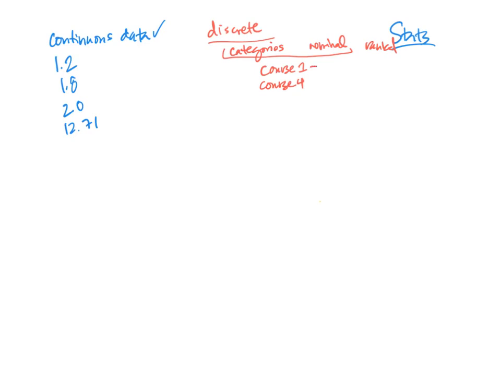Even if you're just including 1 and 4, course 4 isn't 4 times better than course 1. This is just the title of it. We could call it course Larry and course Steve. Another example of discrete data would be ranked data, like first place, second place, third place, fourth place, where these actually mean placements or rankings. But for our class, we're going to be focusing on continuous data. So let's talk a little bit more about how to work with that.